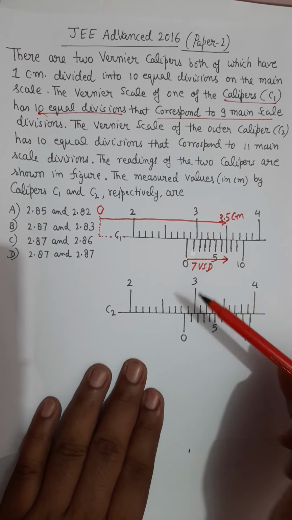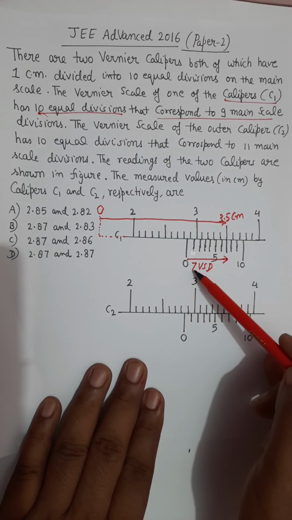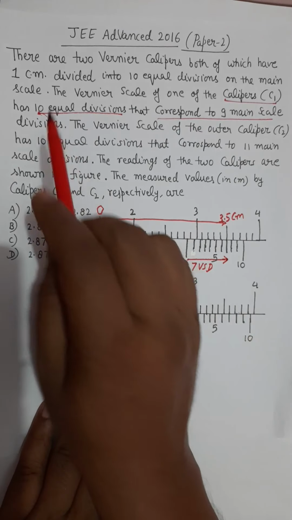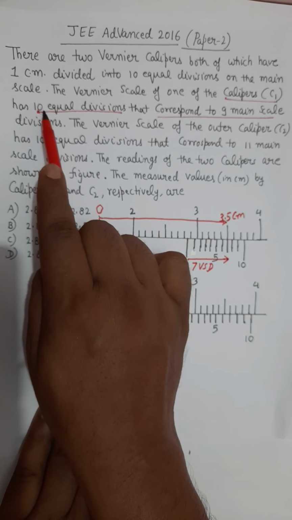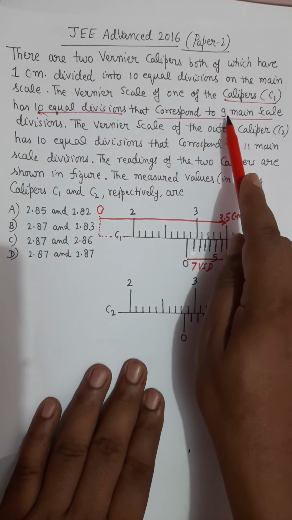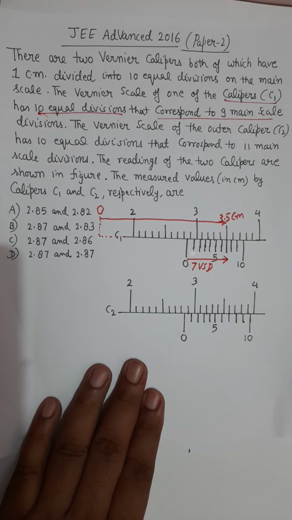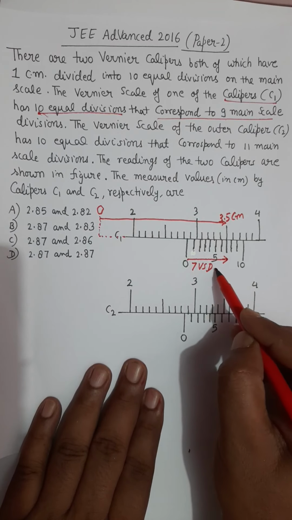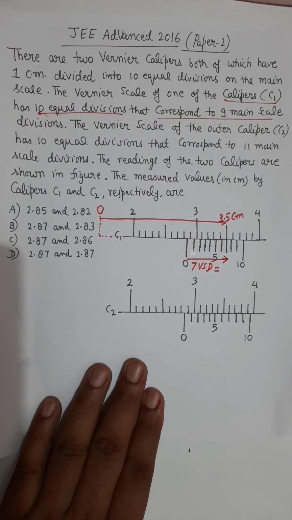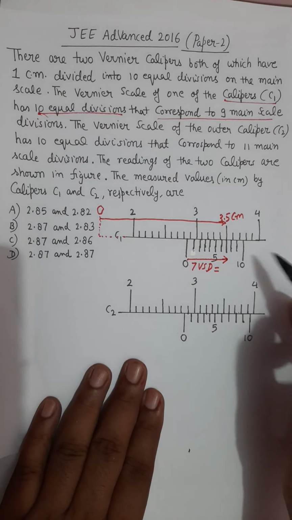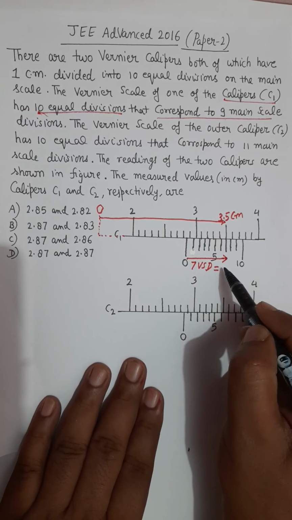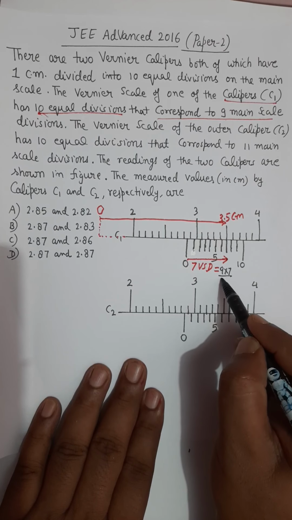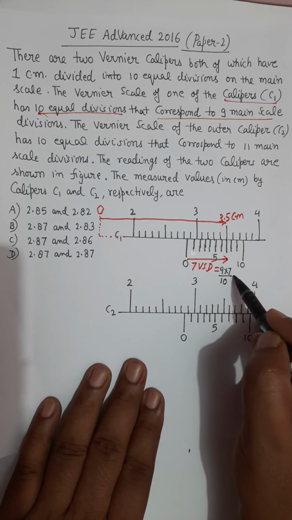So by that unitary method process, if 10 vernier scale divisions coincide with 9 main scale divisions, as per the information given in the question, then obviously 7 vernier scale divisions will be equivalent to 9 into 7 over 10 main scale divisions.